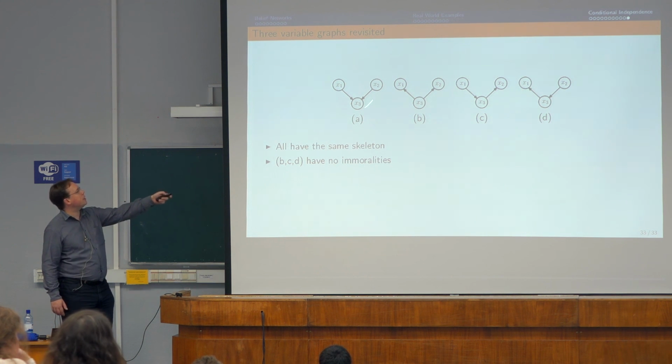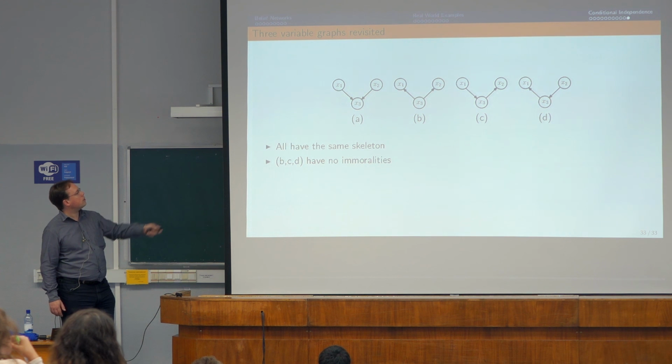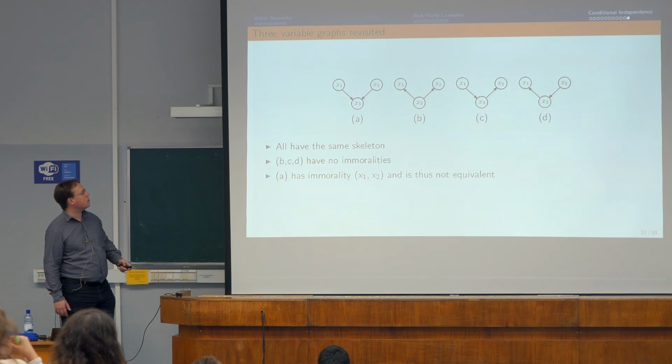So this one has an immorality. These ones do not. And by the criterion, this guy is not equivalent to these three in terms of the conditional dependencies. And we already saw that, right? We saw that this one had this weird collision, whereas these ones do not.